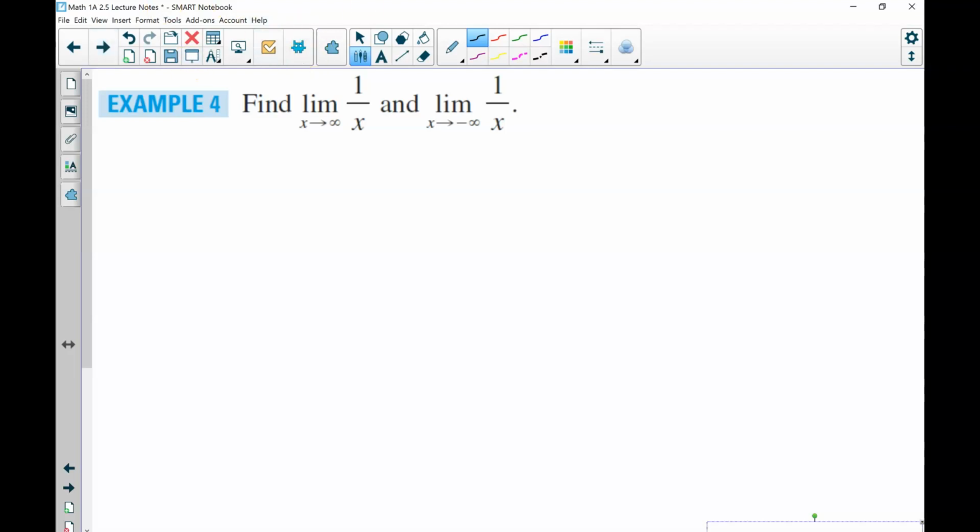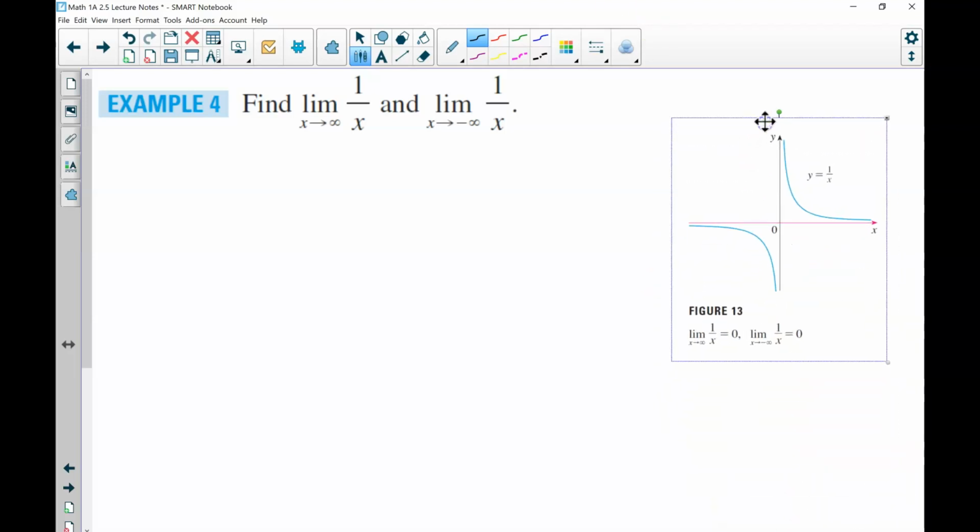All right, let's take a look at example number 4. We want to find the limit as x approaches infinity of 1 over x, and the limit as x approaches negative infinity of 1 over x. So I'm going to pull up that graph here. If you take a look at this function, what is happening here?